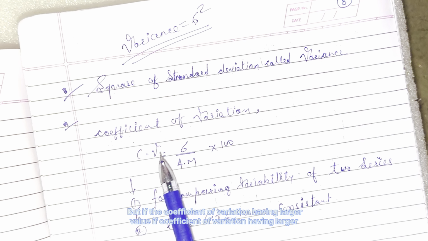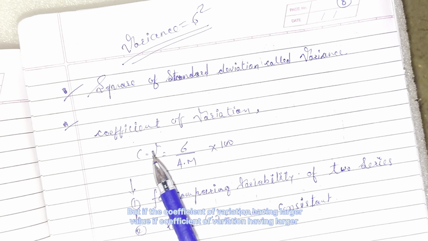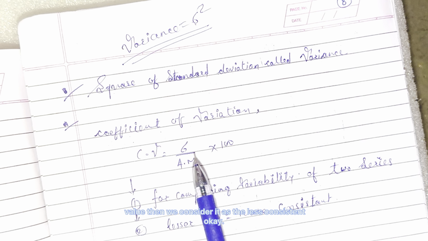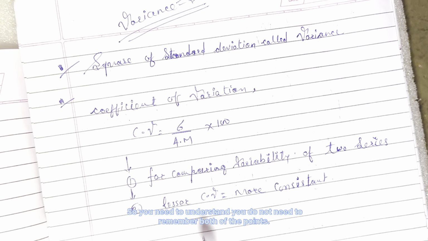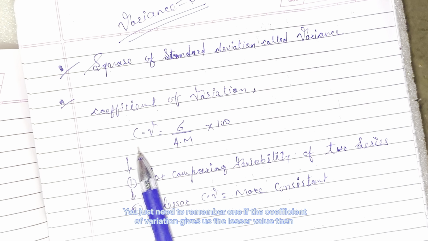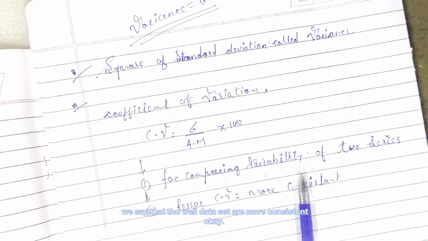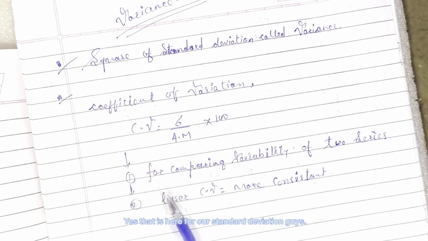If the coefficient of variation has a larger value, we consider it less consistent. You don't need to remember both points, just one: if the coefficient of variation gives the lesser value, then our data set is more consistent. That is it for standard deviation.